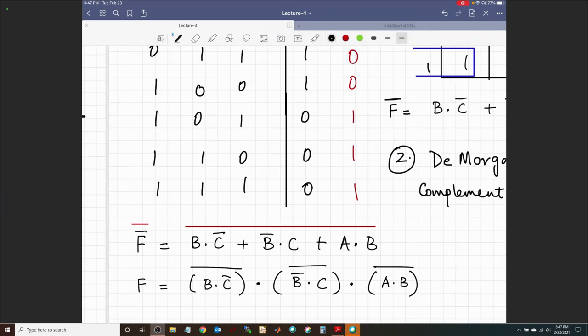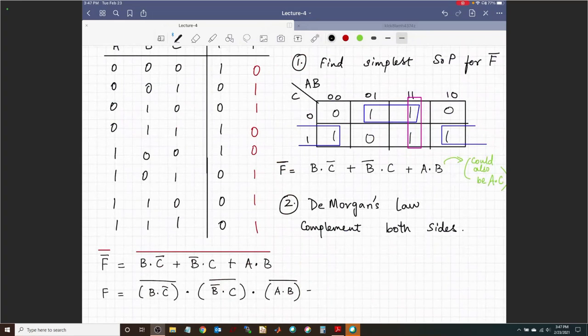Next, I use De Morgan's law again on each of these three products. So the first one will give me B complement or C, ANDed with B or C complement, ANDed with A complement or B complement.